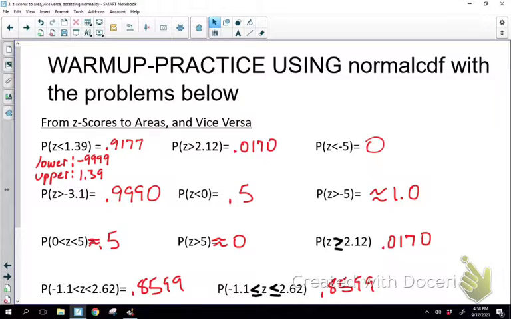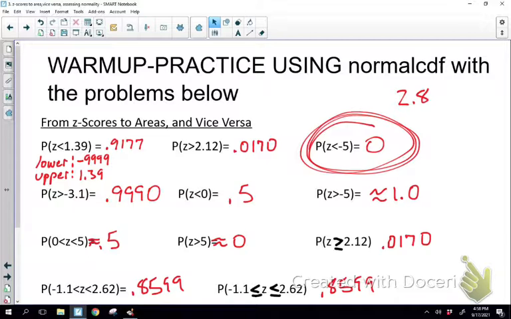So let's talk for a moment about this third one right here. I think the calculator outputs something like this. And that's just a tiny number. That's 6 zeros and then 287.